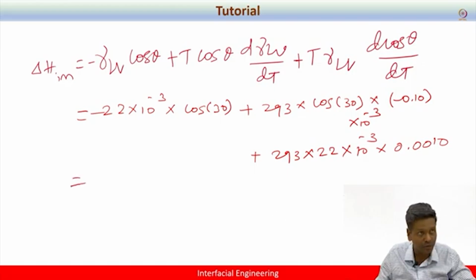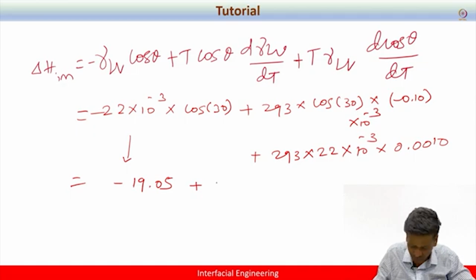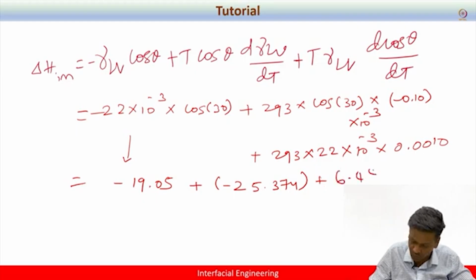If you just do these things, for the first term you will get minus 19.05, the second term will be minus 25.374, and for the third term you will have 6.446.